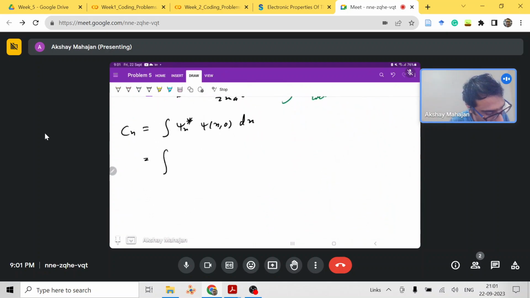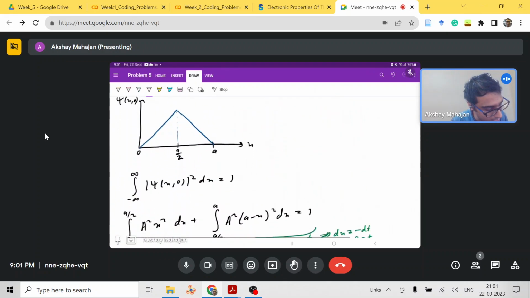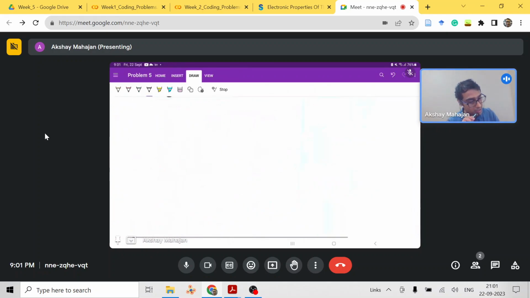Now here I will write cn as the integral of root 2 by a sin of n pi x by a, and psi of x comma 0 as we have defined here. It is ax from 0 to a by 2, and a times a minus x from a by 2 to a.